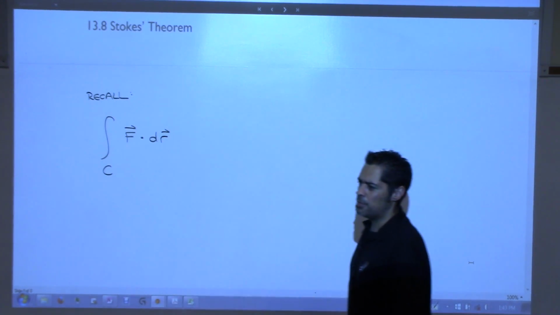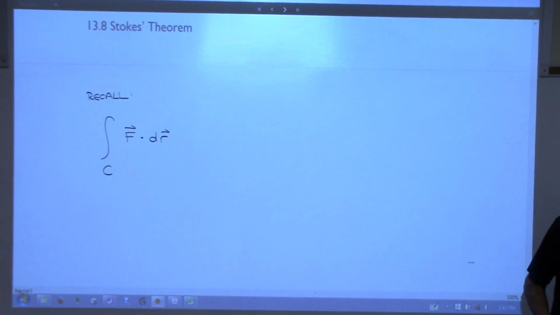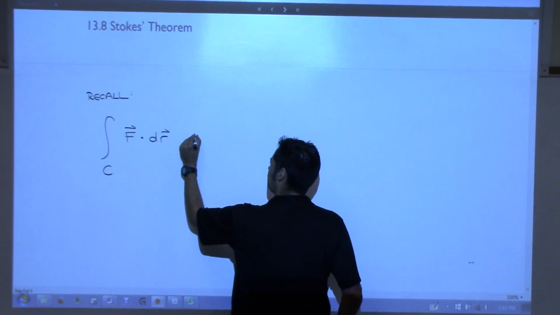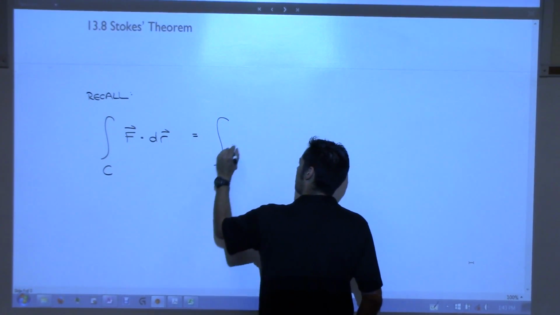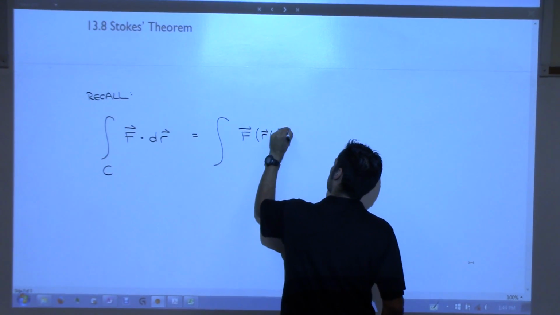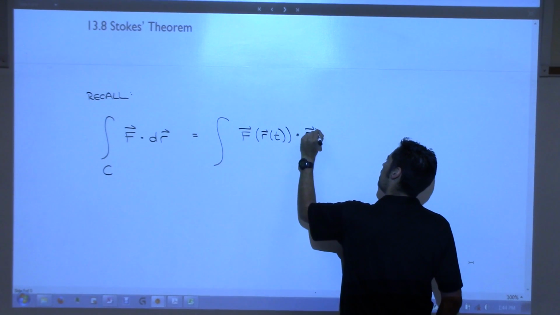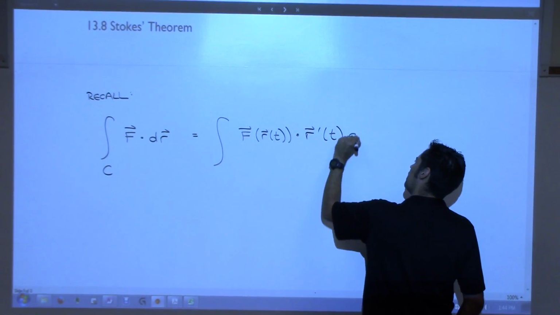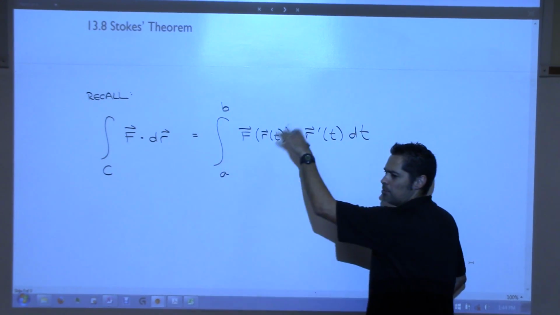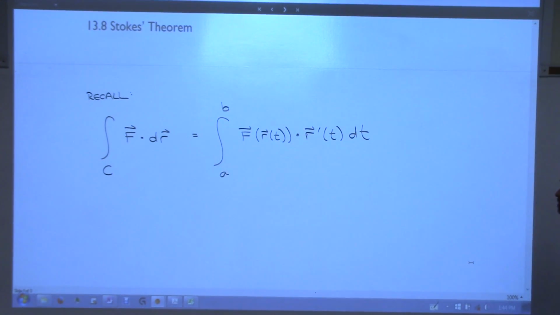On vector fields. Do you remember that? And there was a formula for this. This was the line integral, and then you were going to take F, plug in r of t, and dot that with the derivative of r, dt. You're going to have some restrictions on t, which are going to be your limits of integration.